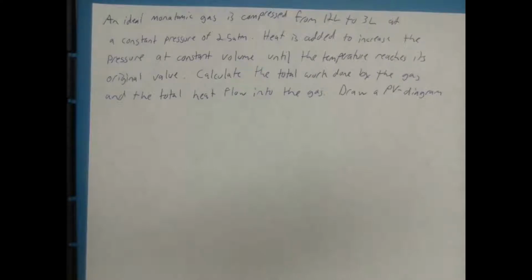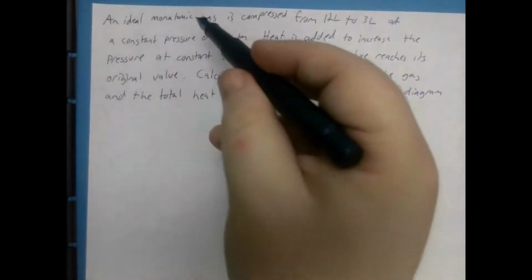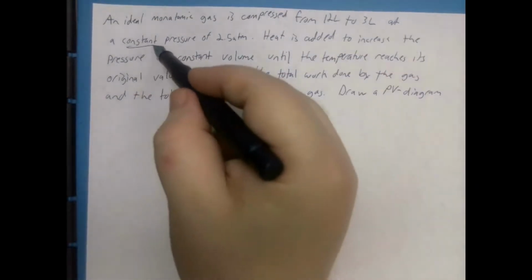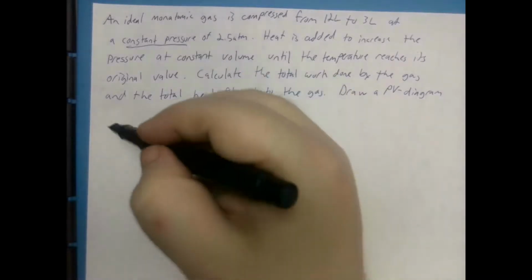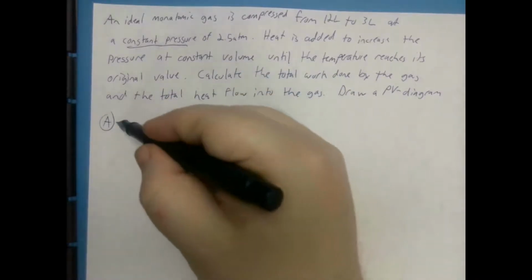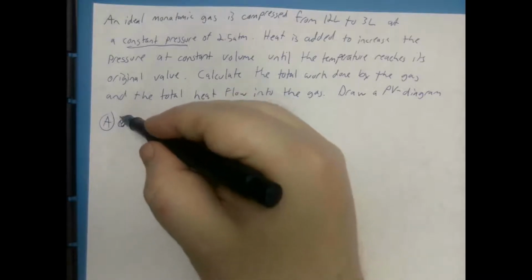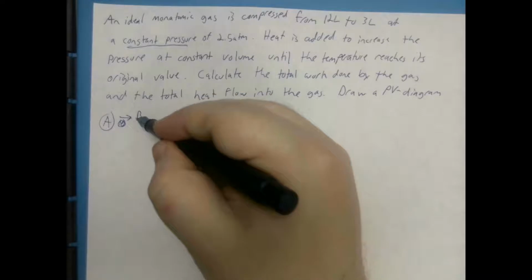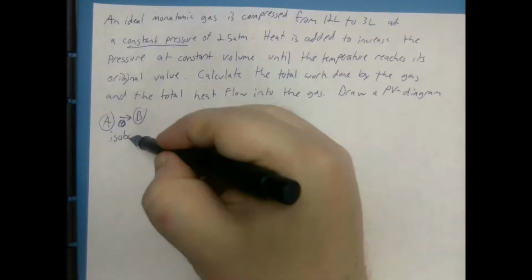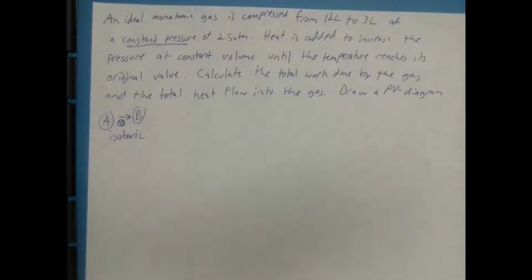So, first thing, reading this problem, there's multiple things going on. This is not a single process. This is a multi-step process. It says an ideal monatomic gas is compressed at constant pressure. So step A, from point A to point B, is isobaric. Heat is then added to increase the pressure at constant volume until the temperature reaches its original value.